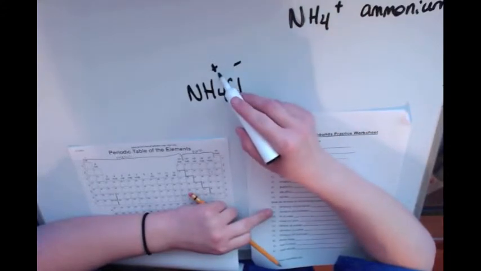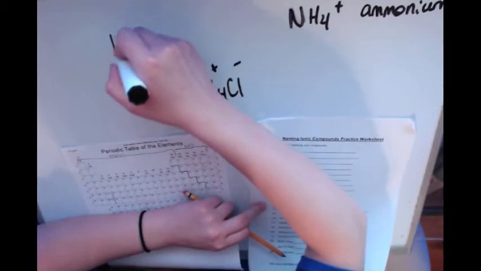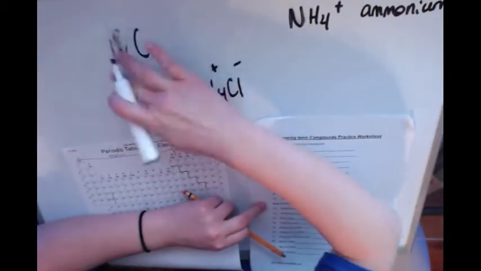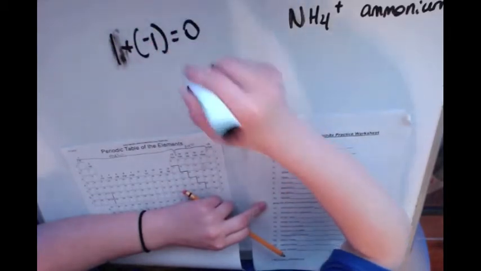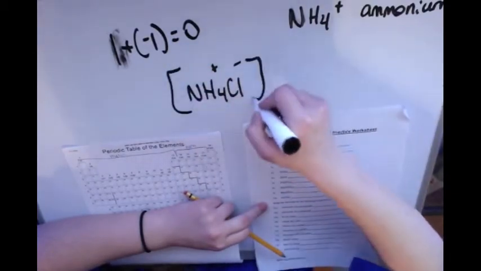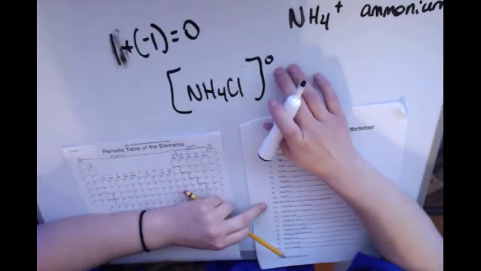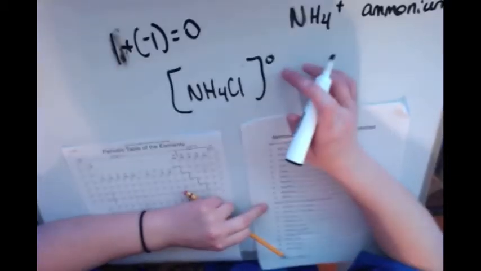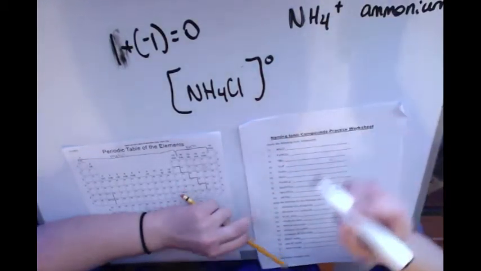So you'll notice that if you have positive 1 plus negative 1, you get 0, right? Math. So let's put brackets around it so that I can say that this has a combined neutral charge of 0. Because it says plus 1 and it says minus 1. So the whole thing, when bonded together, is 0.